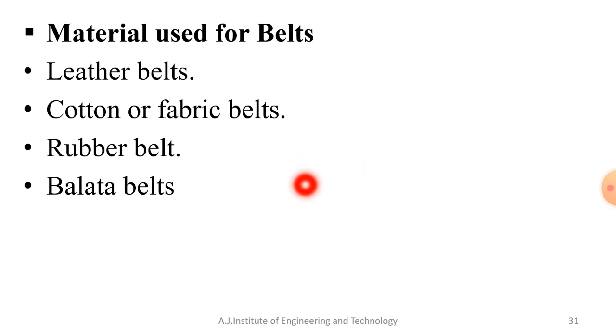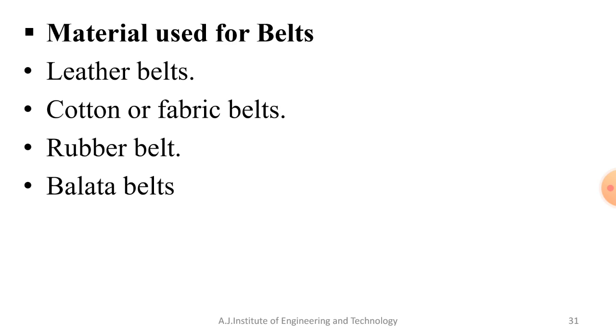And one more important property of the belt material is that it should have high flexibility. That is also very important. Usually the belt material should have flexibility in order to avoid vibration or damping that may be present in the system. The shaft may be subjected to certain shock loads.